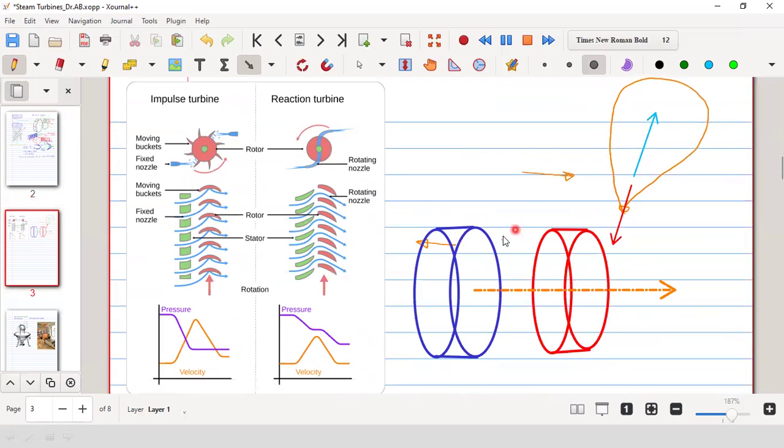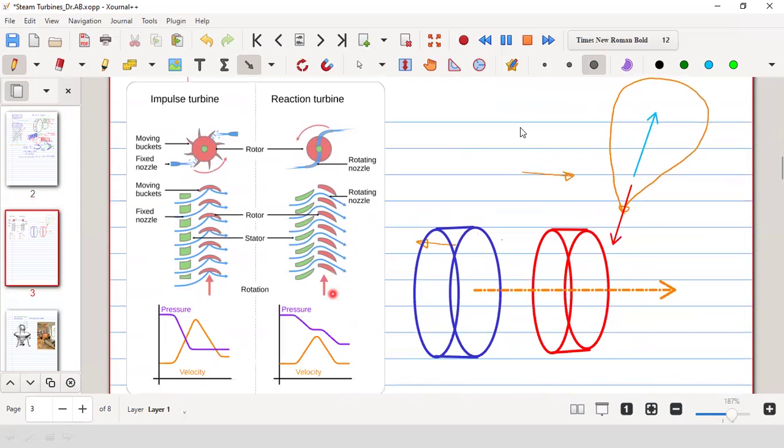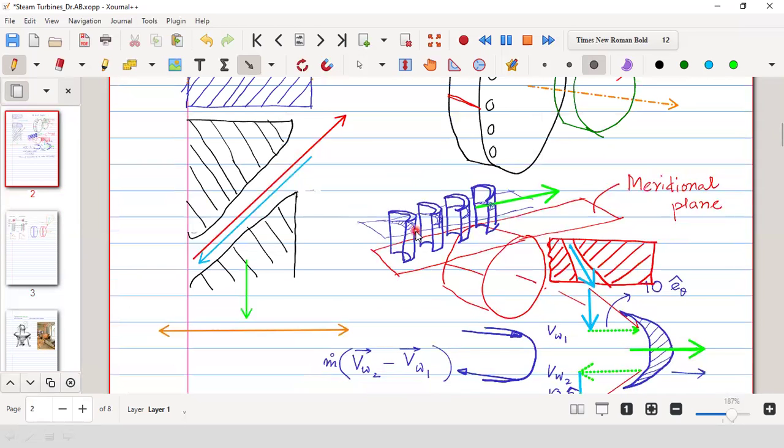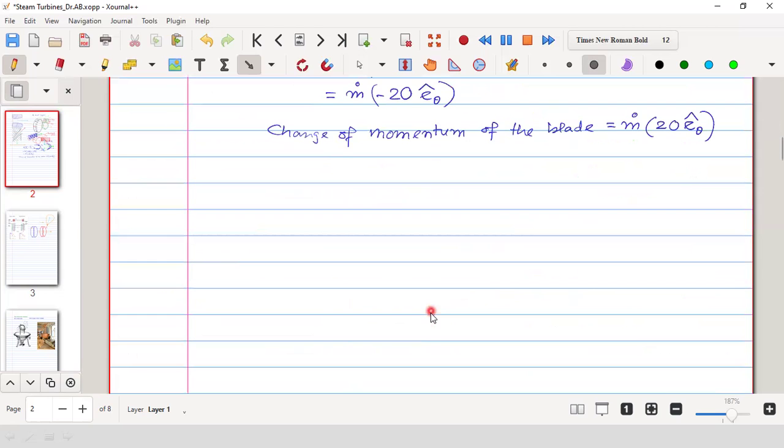It is basically seen from the top, and we are showing it after cutting it and stretching it along the tangential direction. We are viewing the stator, that is the nozzle set, and the blade set. That must be understood properly.